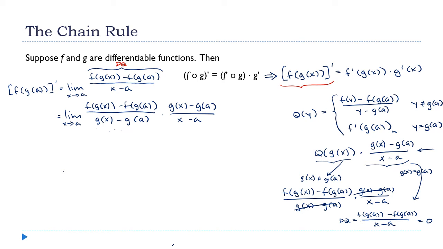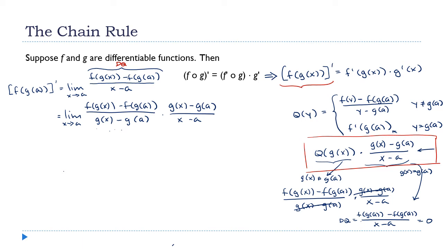It exists, right? f is differentiable. So this is f prime of g of a times 0, which is 0. So this slightly bizarre looking function here is in fact equal for every value of x to the difference quotient. Okay, so excellent.